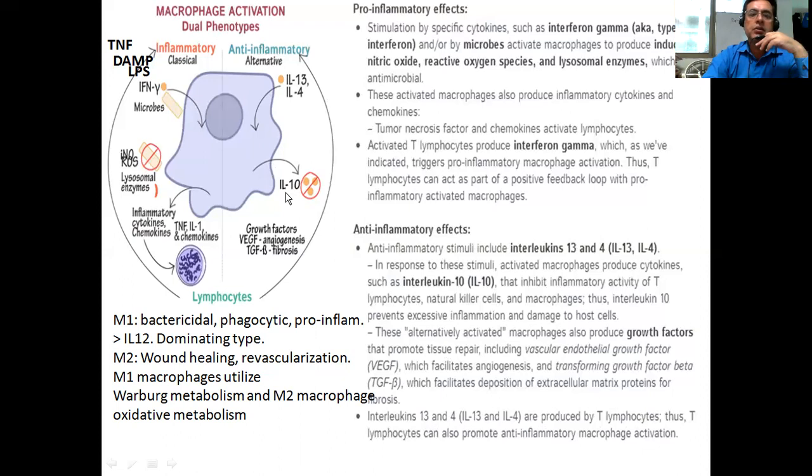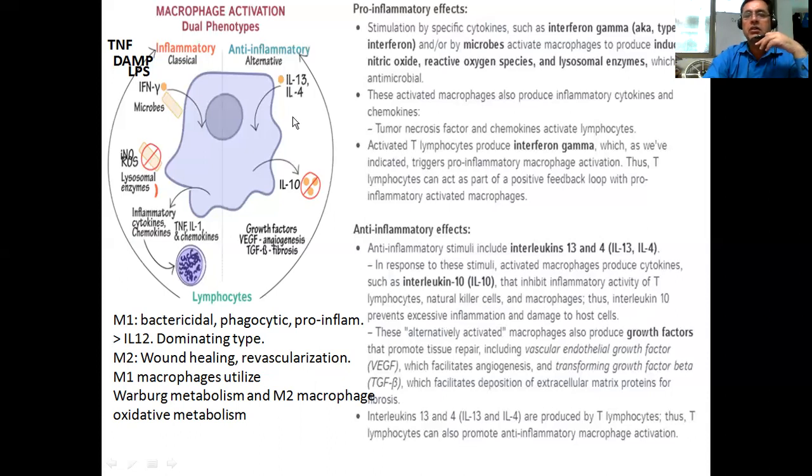It is responsible for suppression of the inflammatory response. So whenever inside the body it is desired to suppress the inflammation, the cells are secreting interleukin 10, that inhibits activity of T lymphocytes, natural killer cells, and macrophages. This interleukin 10 prevents excessive inflammation and damage to host cells.